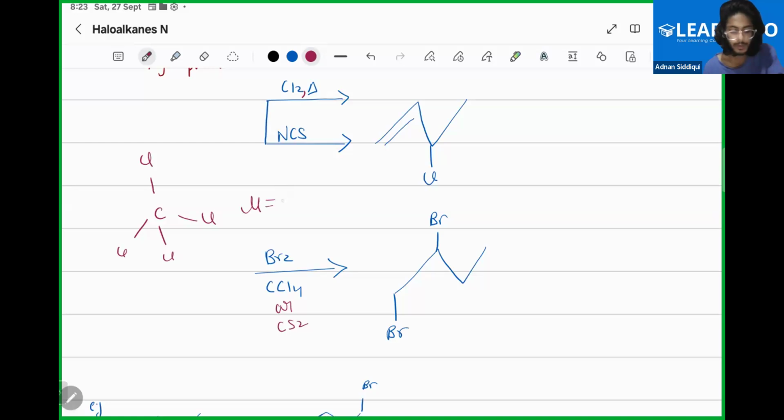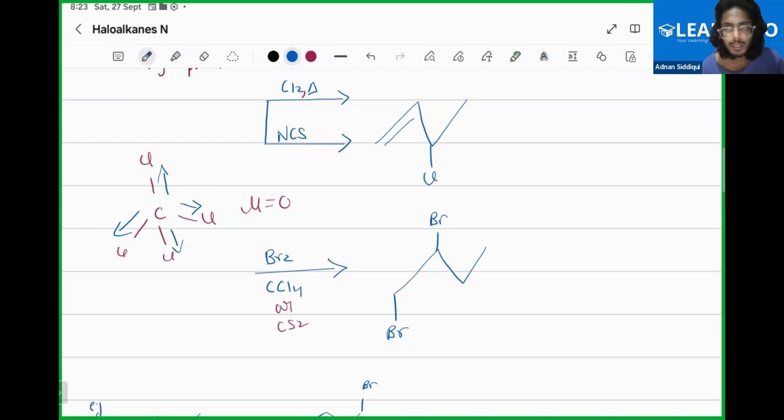Why? Because we are observing equal and opposite dipoles, which are vector quantities. If two dipoles are acting in opposite directions, they will cancel each other out.